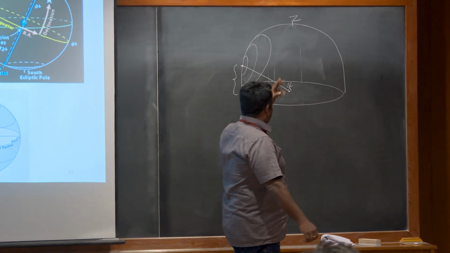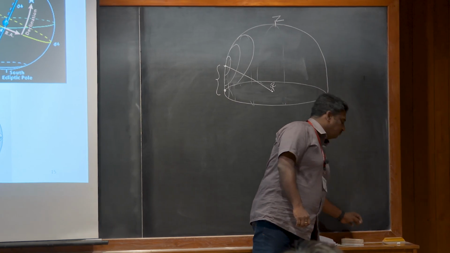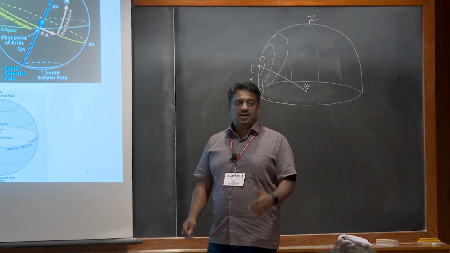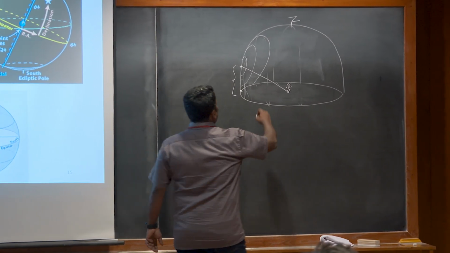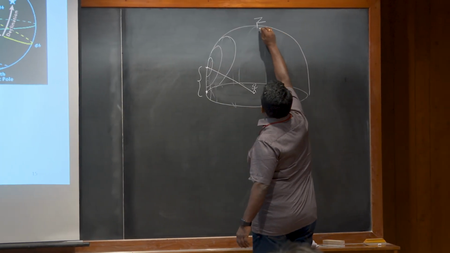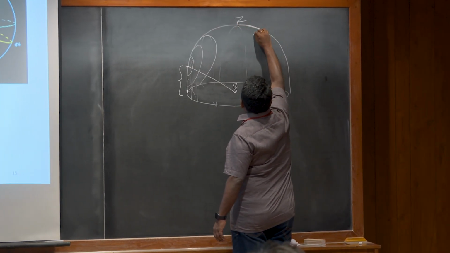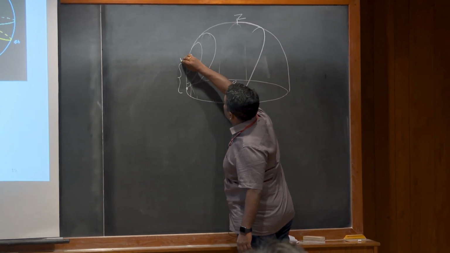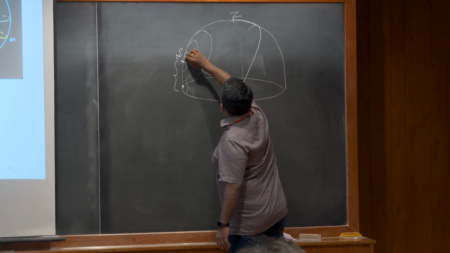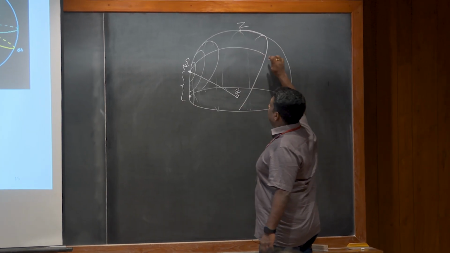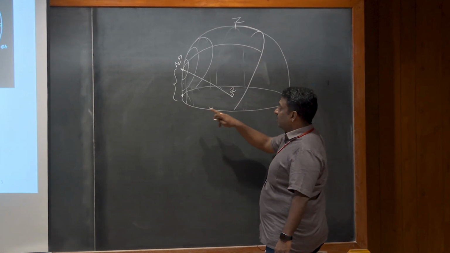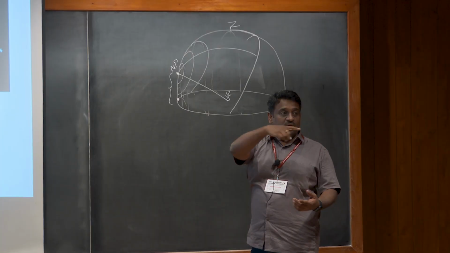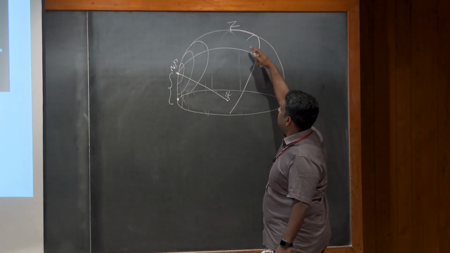So basically you can find out the RA, and this means that your zero declination is from the North Pole to the celestial equator. So this is the local horizon, but this is the celestial equator.